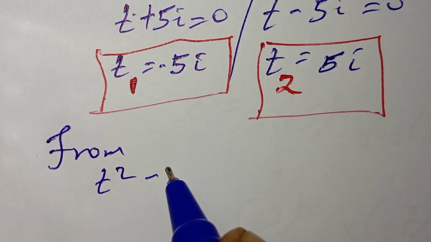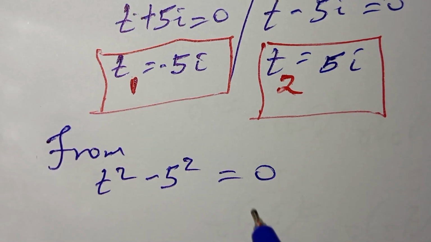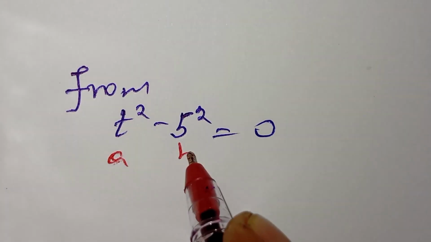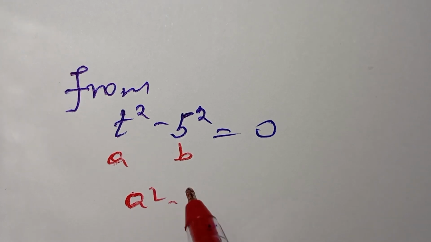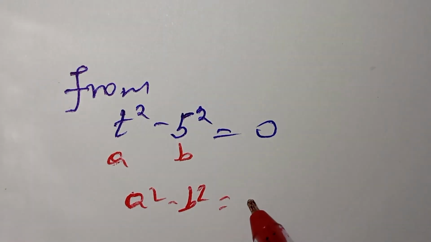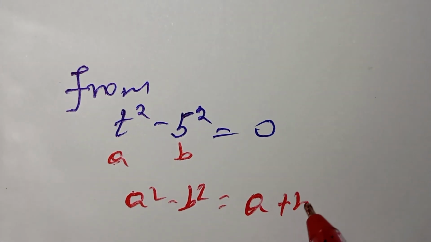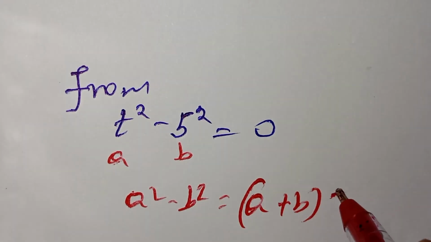t squared minus 5 squared is equal to 0. If it is a and if it is b, a squared minus b squared is the same as a plus b times a minus b.